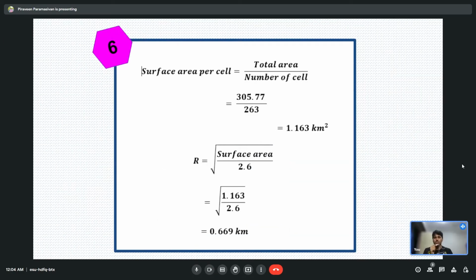Now, to calculate the surface area per cell, we use the formula total area over the number of cells, which equals 305.77 square kilometers divided by 263 cells, which will give us a total surface area for one cell of 1.163 square kilometers. To get the radius of each cell, we use the circle formula, the surface area over 2.6, which equals the square root of 1.163 over 2.6, to get a radius of 0.669 kilometers.